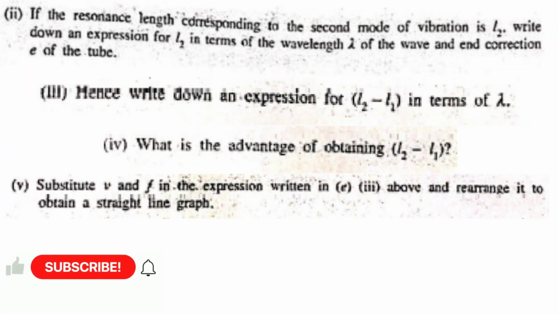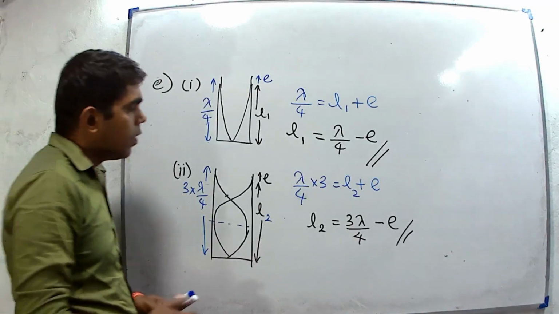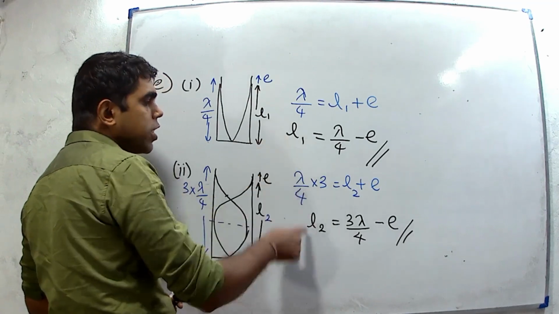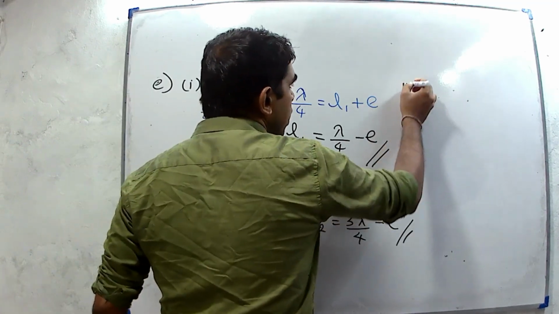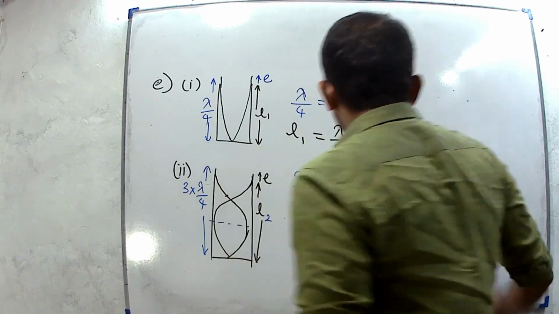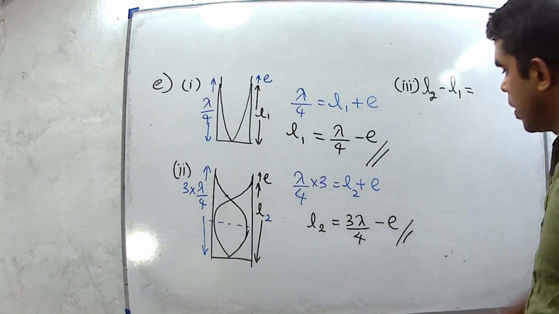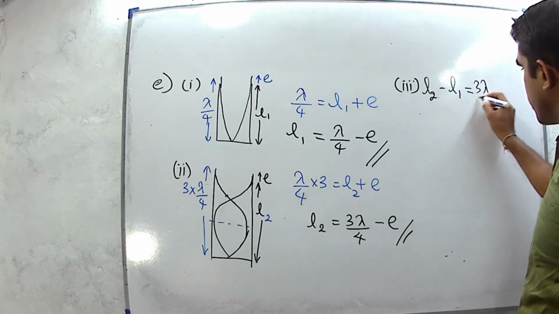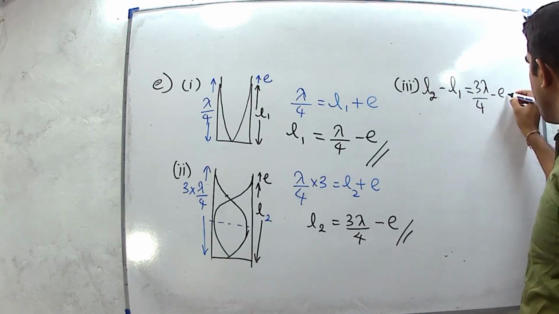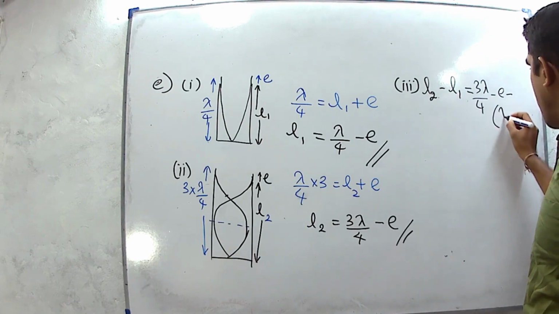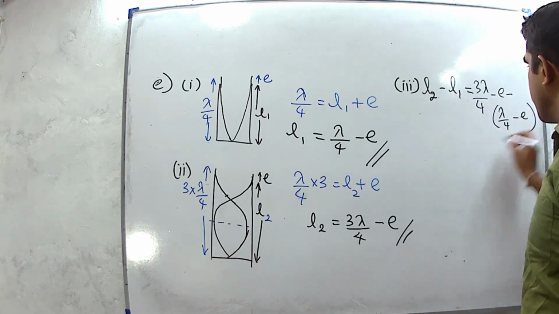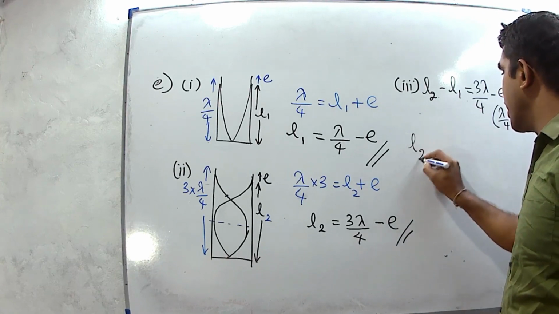Then part 3. Hence write down an expression for L2 minus L1 in terms of lambda. L2 minus L1. We have to subtract this equation and this equation. L2 minus L1 equals 3 lambda over 4 minus C, minus lambda over 4 minus C. Now I will simplify it.